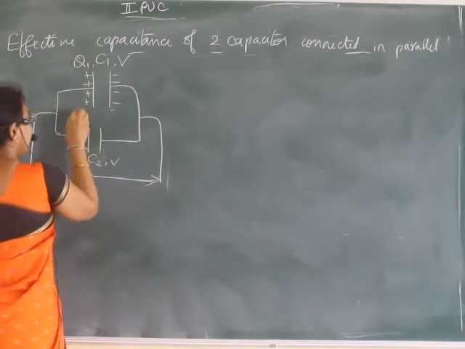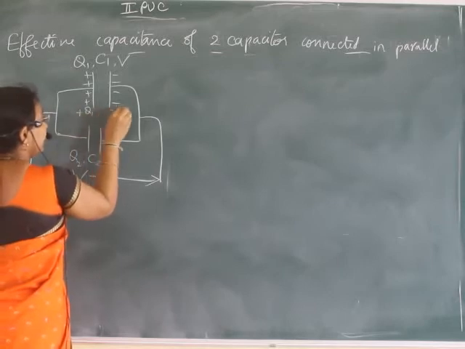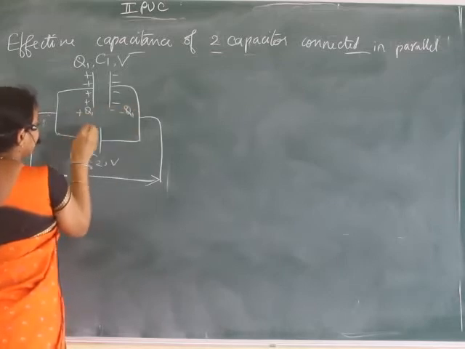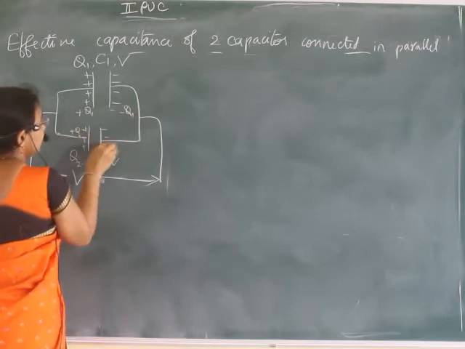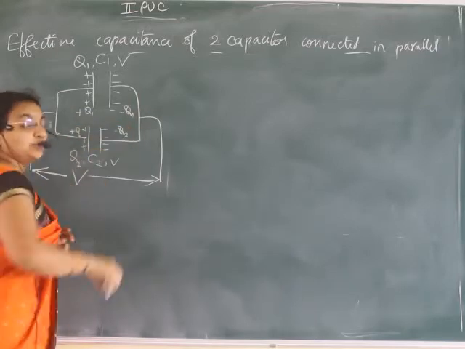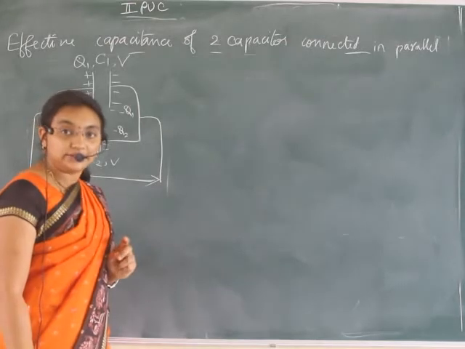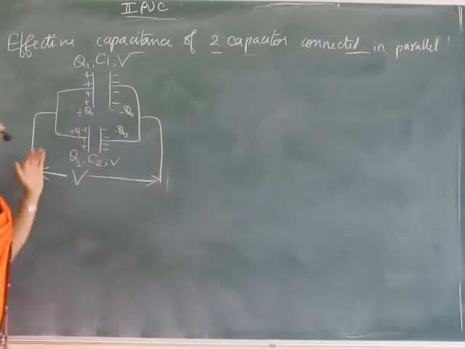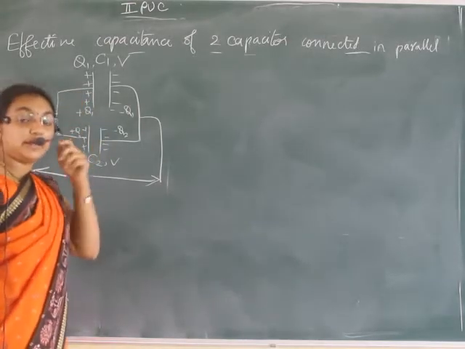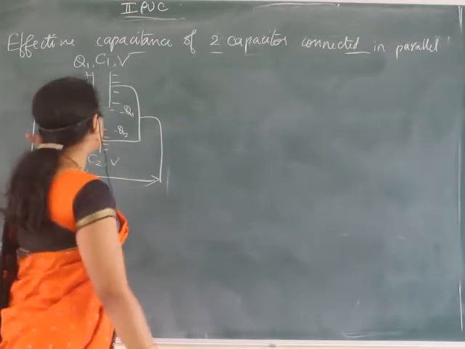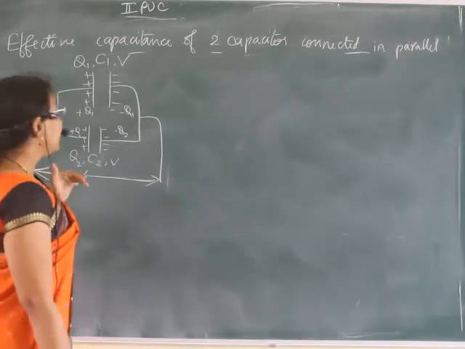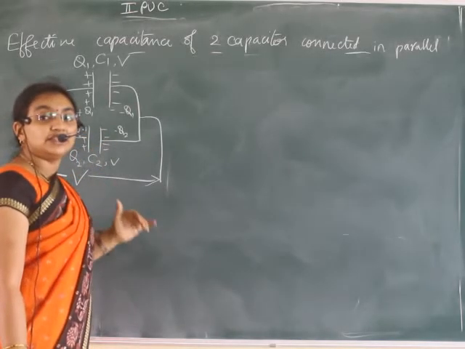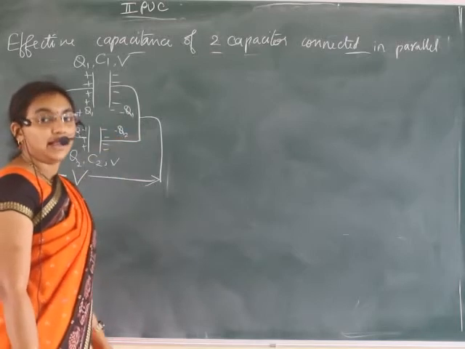So I can say here plus Q1 and here minus Q1, here plus Q2 and here minus Q2 charge is stored across the plates. Correct? We have considered two capacitors of capacitance C1 and C2 connected in parallel with the potential difference V. Let Q1 and Q2 be the charge stored across the capacitors.